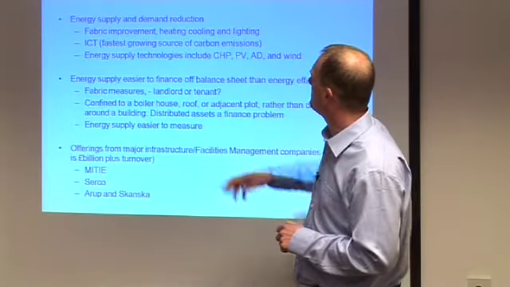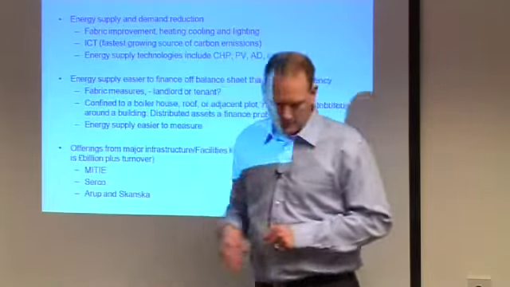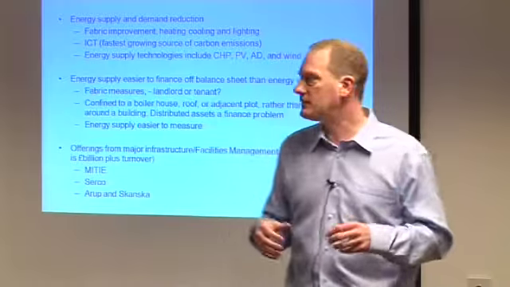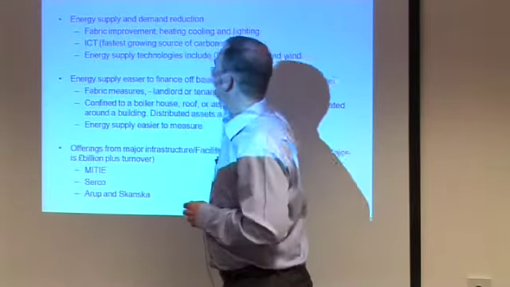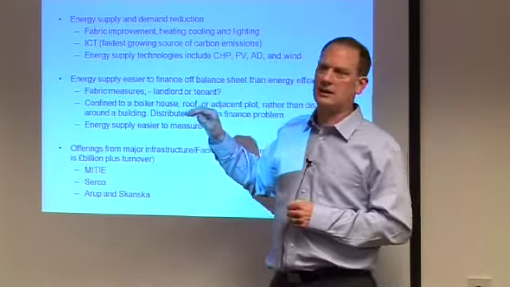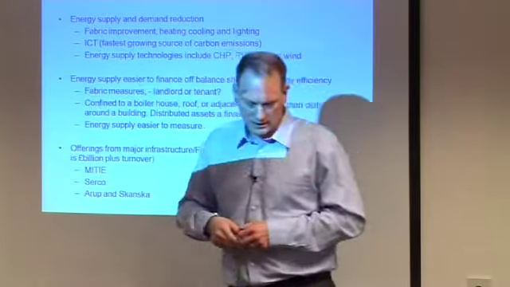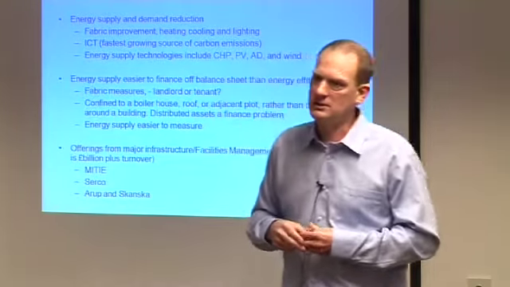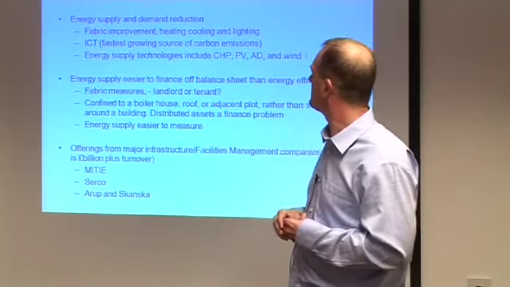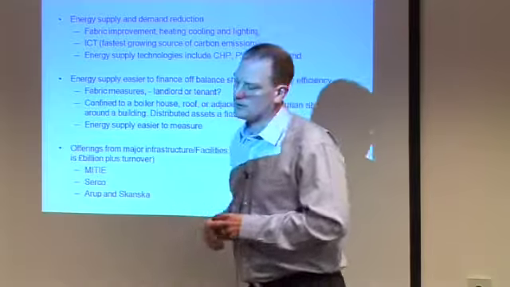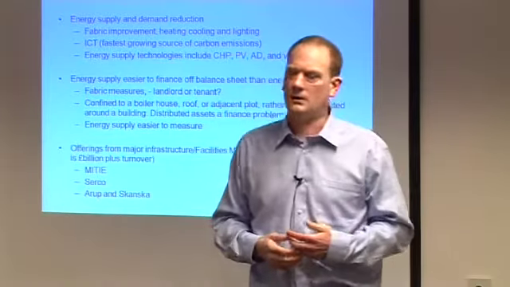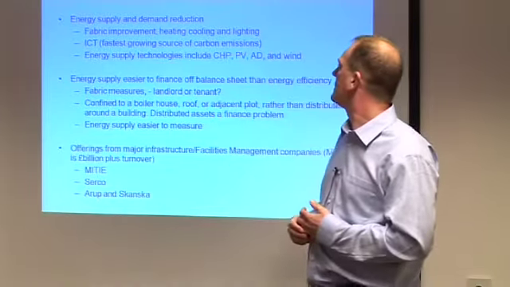The opportunities are around fabric improvement, the actual shell itself, around kit that's installed within the shell, electricity consuming kit, and particularly ICT, because energy consumption in ICT is the fastest growing source of emissions. And then energy supply technologies that could deliver lower carbon forms of energy.